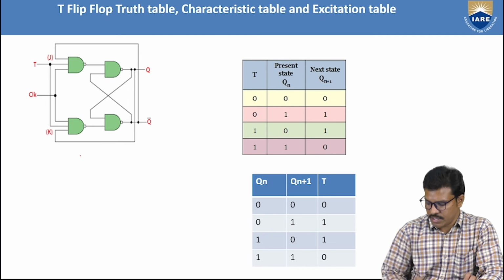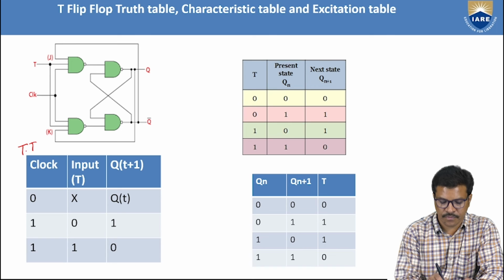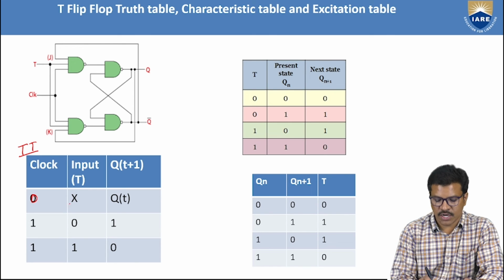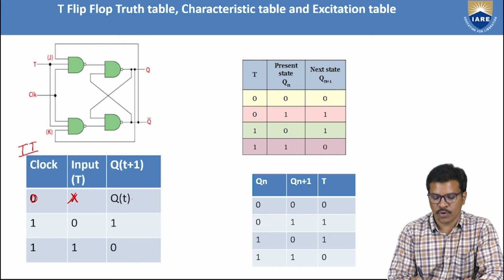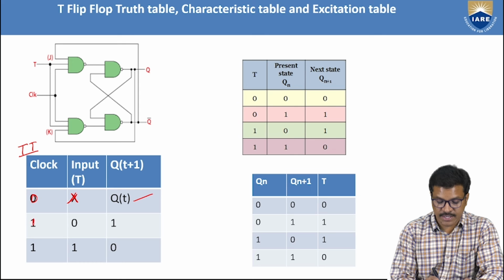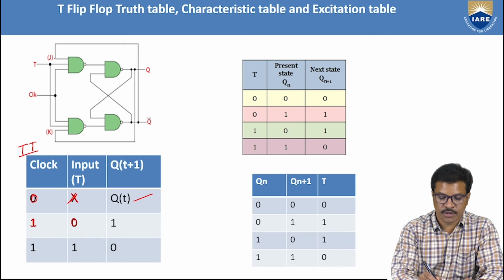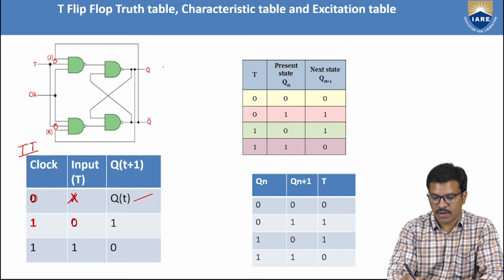So if you see this truth table, when clock is 0, irrespective of the T input, you will get the same Qt plus 1, no change in the state. When clock is high and T is equal to 0, indirectly J0, K0. When J0, K0 in the JK flip-flop, it is like a memory.